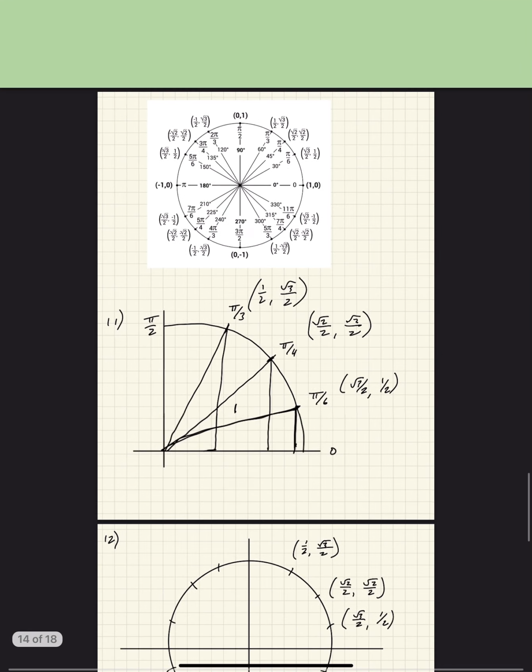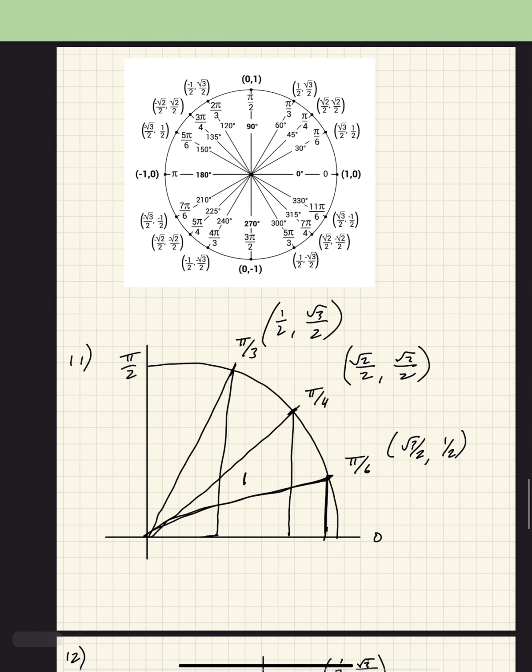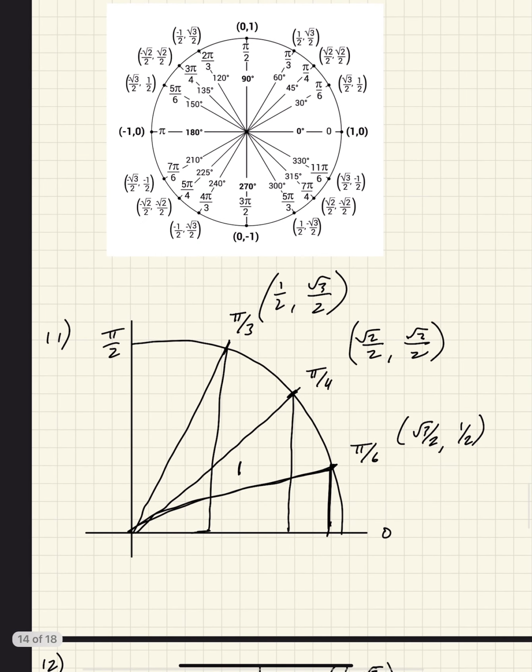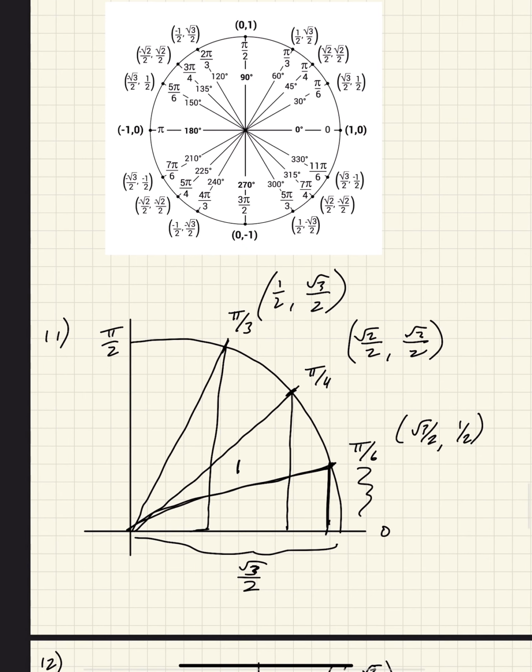So let's look at a single quadrant. We have quadrant 1 here, and we have our labeled unit circle. If we look at these triangles and account for their meaning, we see that this long but short triangle is going to have a length of root 3 over 2 and a height of 1/2.